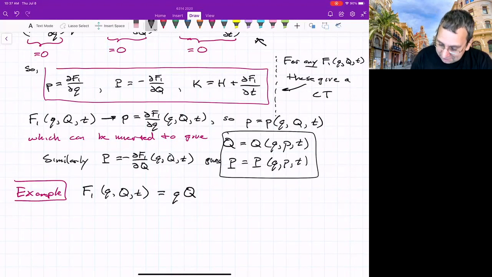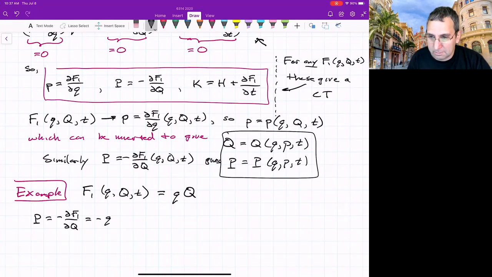So if I do that, then what? Let me follow this. Big P equals minus partial F1 partial big Q. So it's minus q. Okay. Little p is partial F1 partial little q. So that gives big Q.